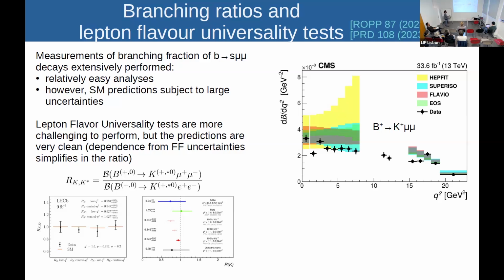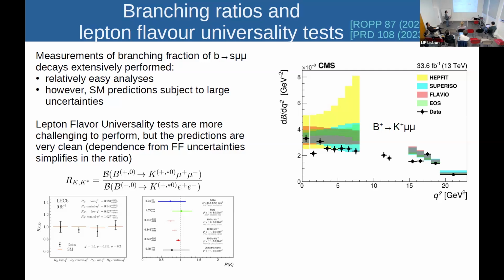You can see here an example from a quite recent CMS analysis where the branching ratio of B plus to K plus mu mu has been measured, the differential one as a function of q squared. You can see that we have several models for the predictions, and some of them present very large uncertainties.